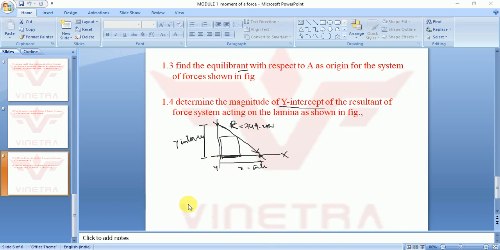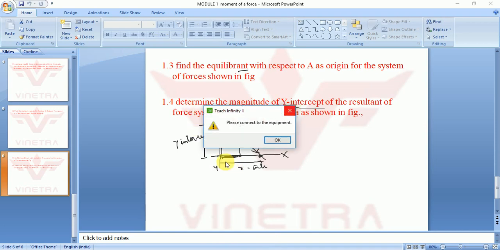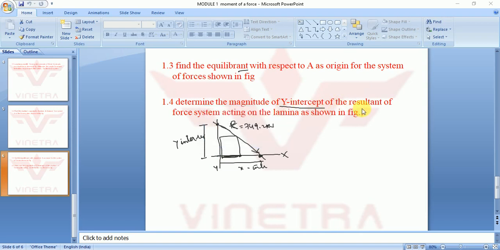So first let us see the diagram of this problem. Determine the magnitude of the y-intercept of the resultant, that is, where it is going to cut the y-axis, of the force system acting on the lamina as shown in the figure.